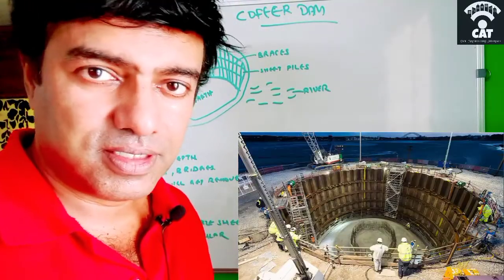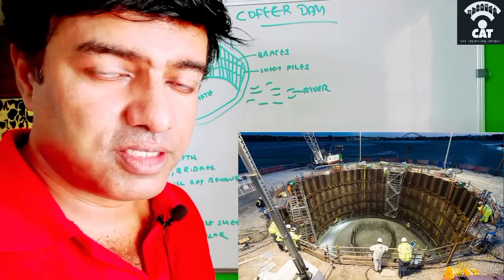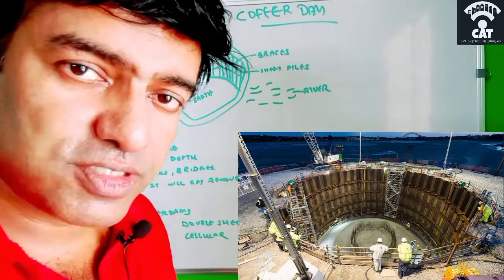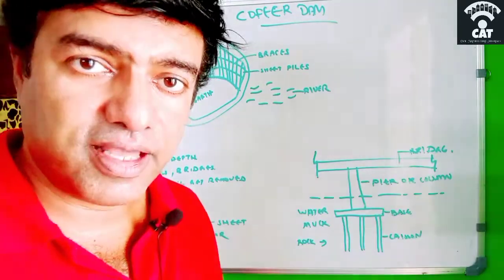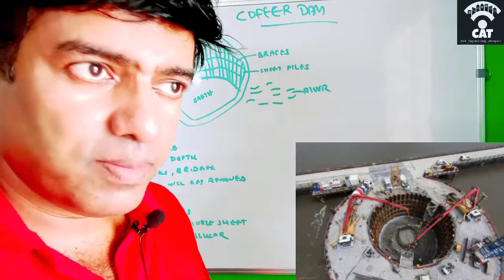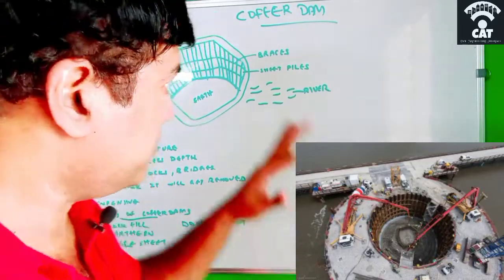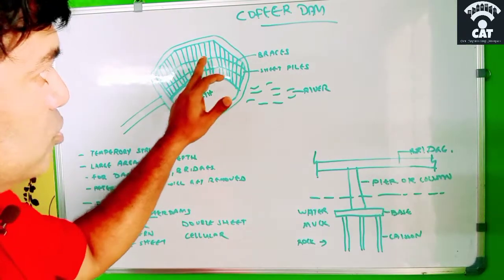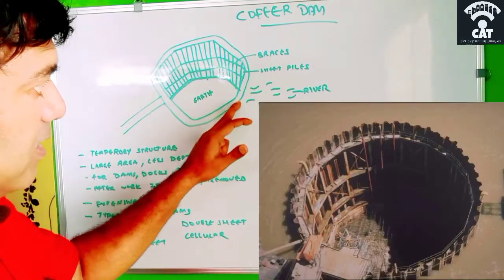It's not like a caisson. I will do another video regarding the difference between caisson and cofferdam. So this cofferdam is a temporary structure which lets the engineers do the work by making it a reasonably dry area. That is the purpose of a cofferdam. You can see the horizontal braces here and the sheet piles.